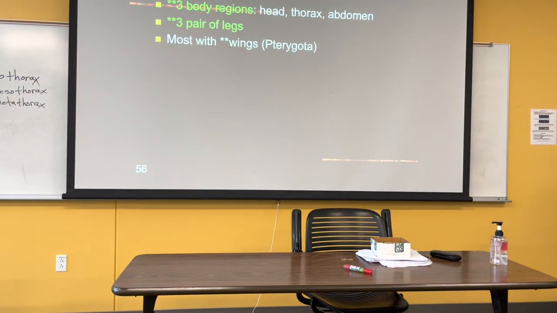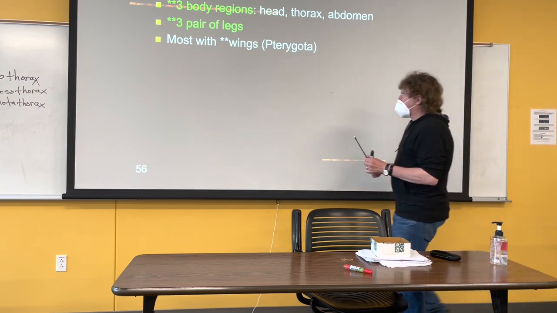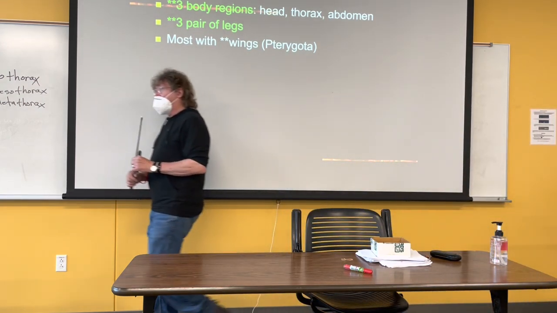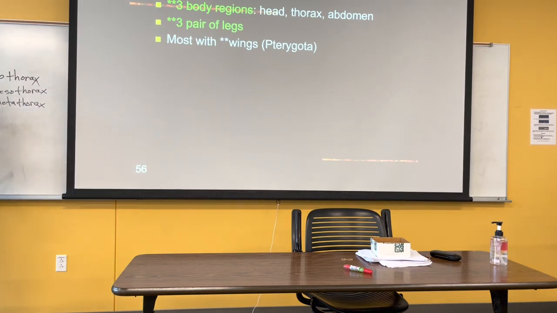The spelling on the screen is correct. PTER refers to wing in Greek. Okay, Pterygota. Wings. And usually they're a pair of wings, one on the mesothorax and another pair on the metathorax. Prothorax doesn't have wings.